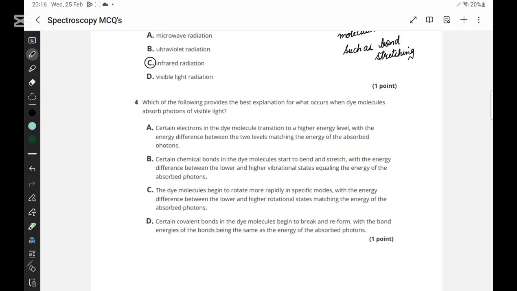In this question, they are saying which of the following provides the best explanation for what occurs when dye molecules absorb photons of visible light.